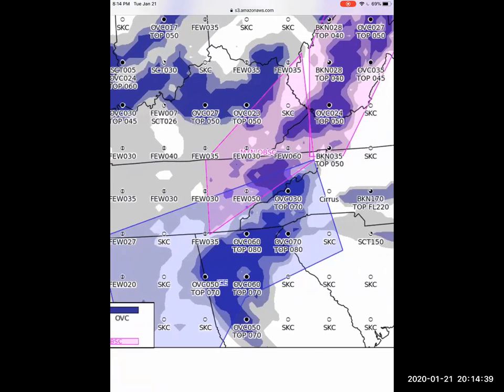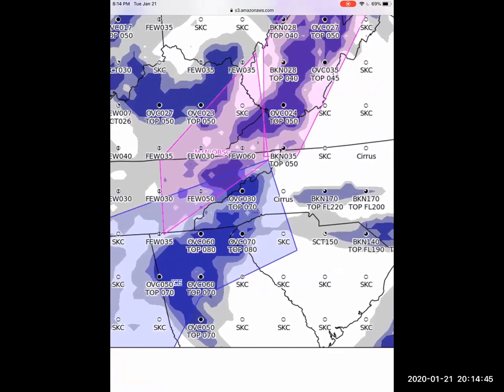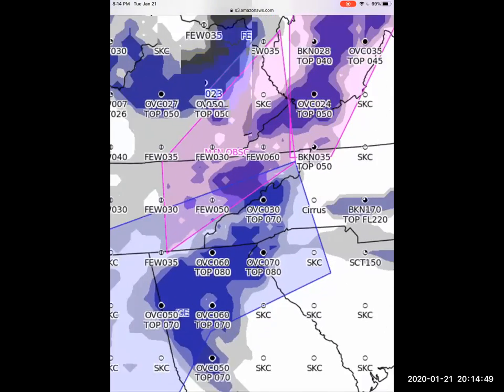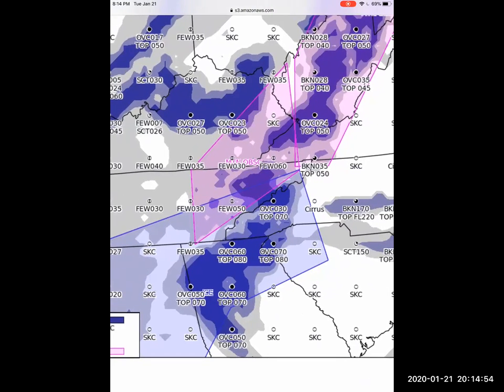However, as we cross the border between Tennessee and North Carolina, as well as South Carolina, it definitely thickens up along that border where you're getting an overcast at 3,000 feet and overcast at 6,000 feet.